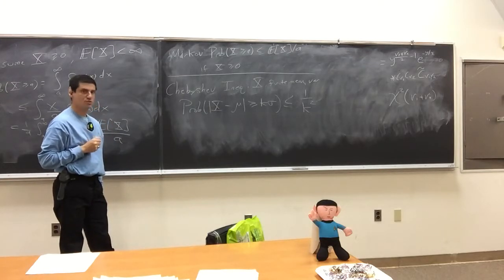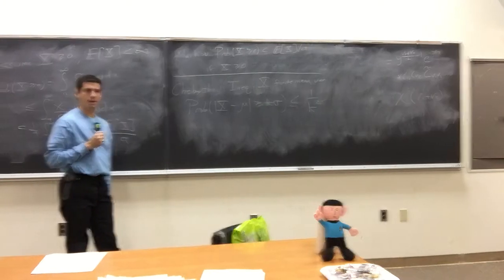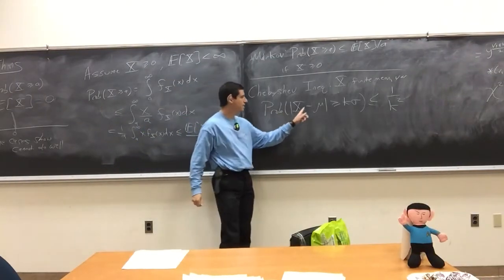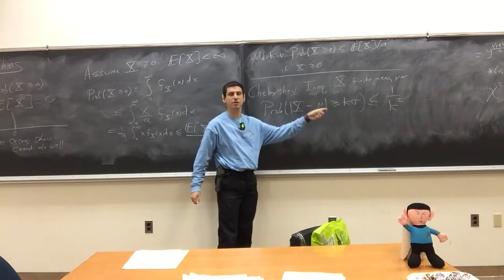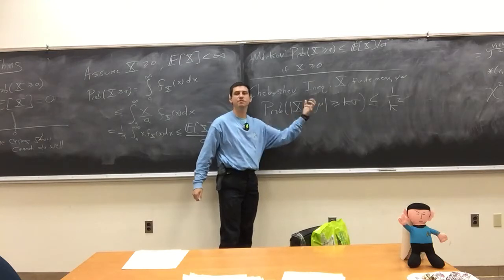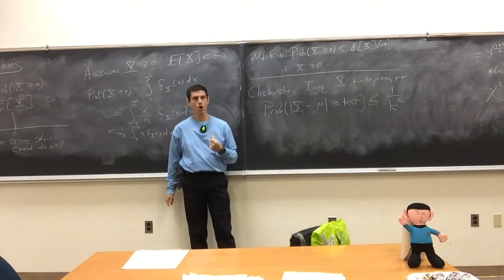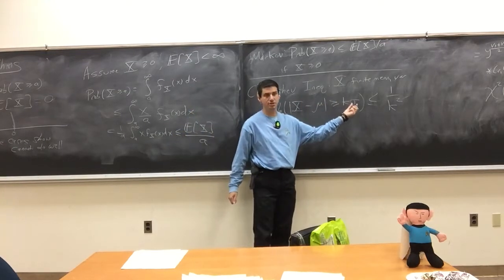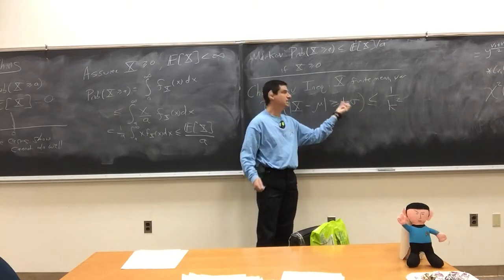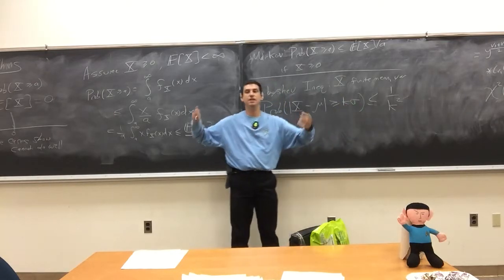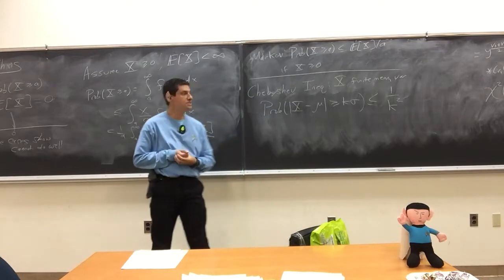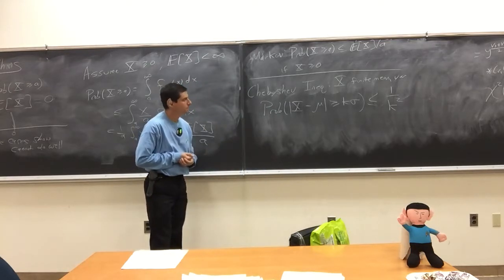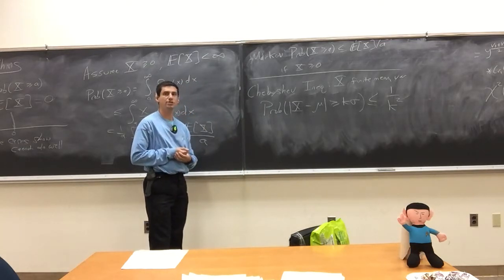If you look at this, we are doing everything the right way. We're looking at how far x is from its expected value, the fluctuations about the mean. What scale should we use to study things? We should use the standard deviation. How many standard deviations away is it? And this is saying that the probability is decaying like 1 over k squared.